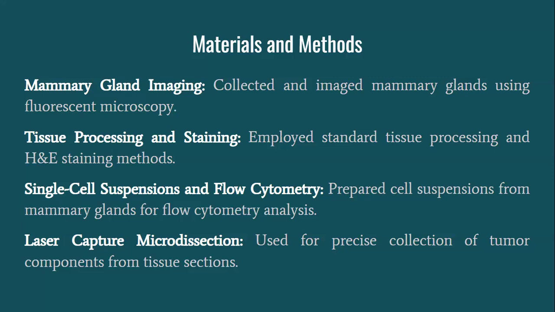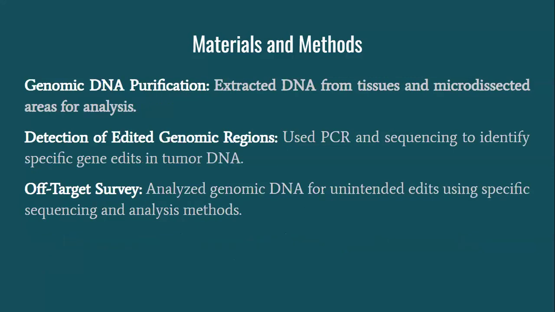Then laser capture microdissection was done for precise collection of tumor components from tissue sections. Afterwards, genomic DNA purification was made, where DNA was extracted from tissues and microdissected areas for analysis. Then the edited genomic regions were detected using PCR and sequencing.